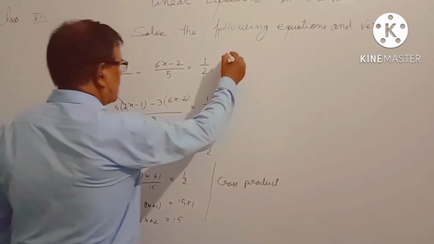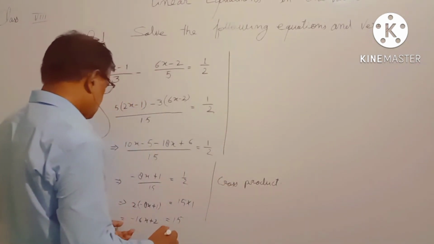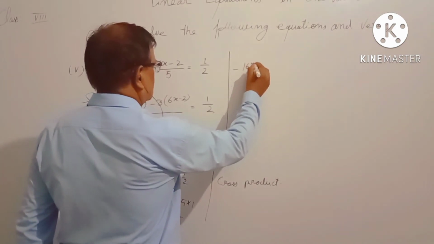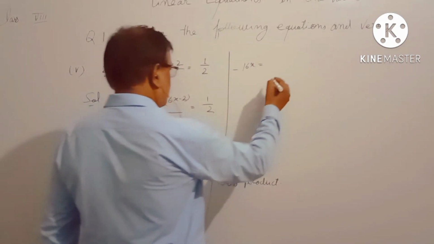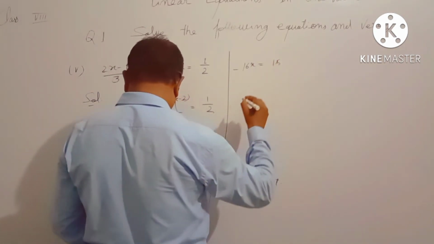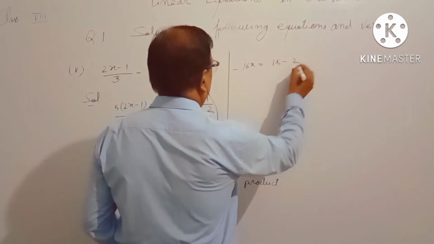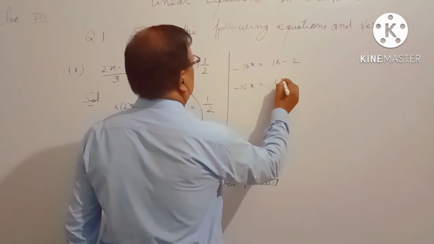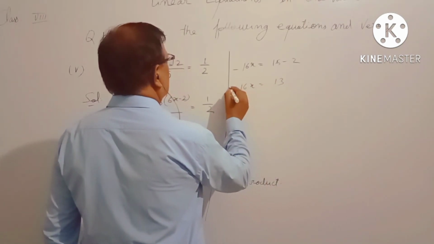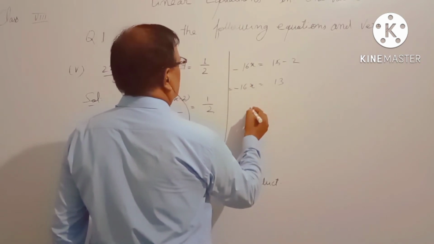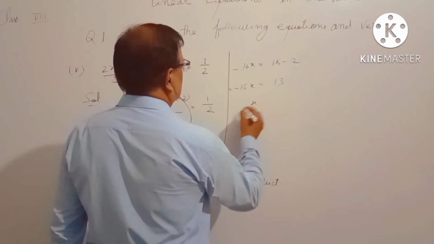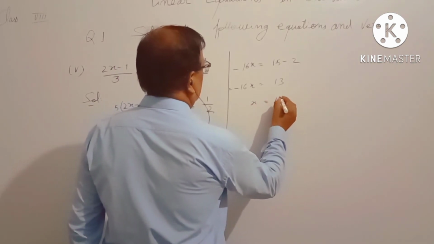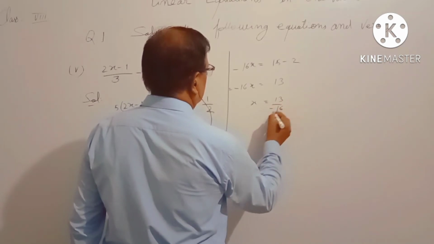Now we see here and write it as minus 16x equal to 15 minus 2. Now it will be minus 16x equal to 13. Now we find the value of x, so dividing by minus 16, it will be 13 by minus 16.